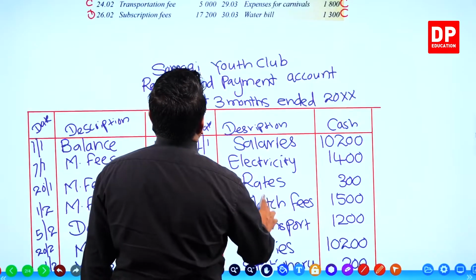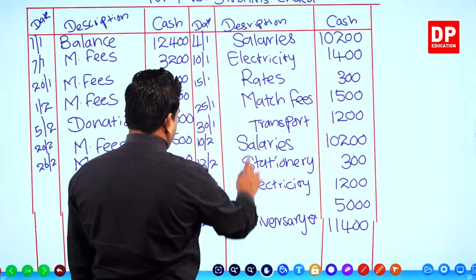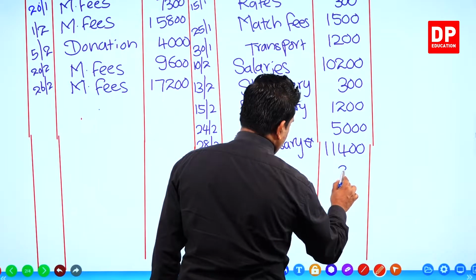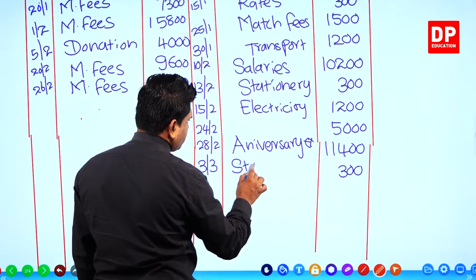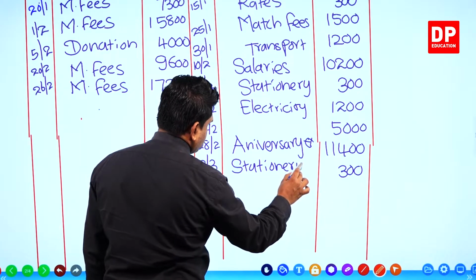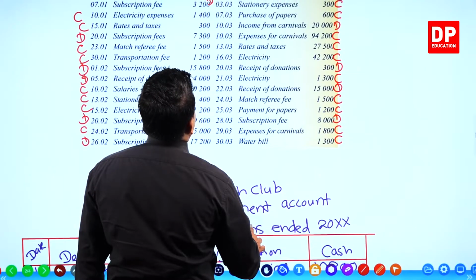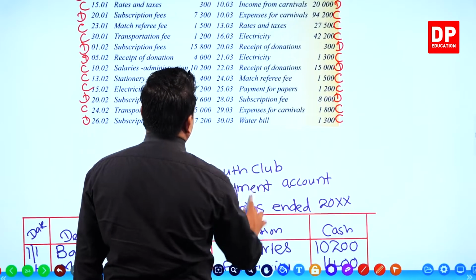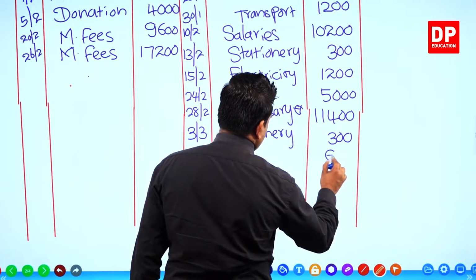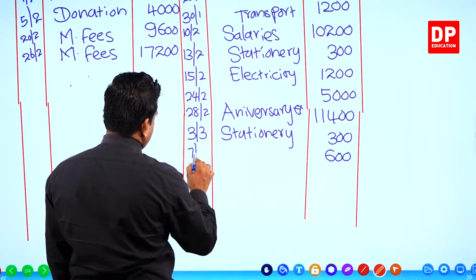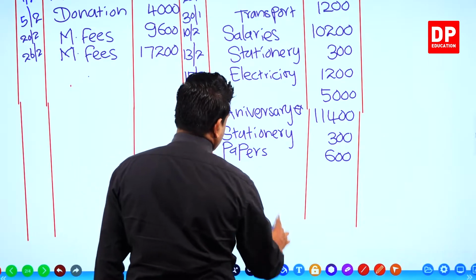Then next, stationery 300. Purchase of papers 600. Papers 600.